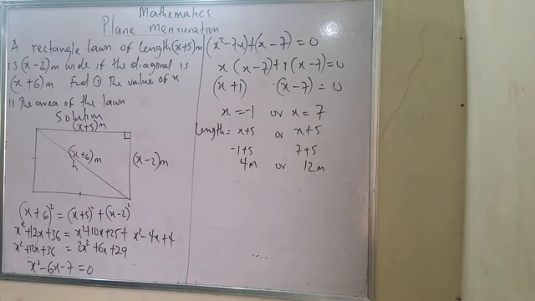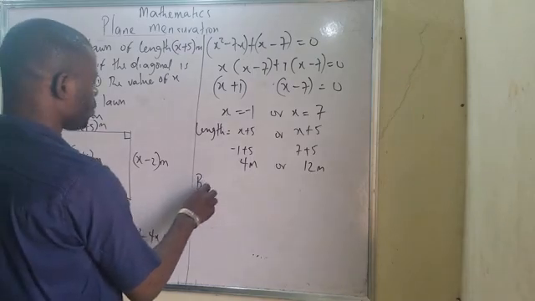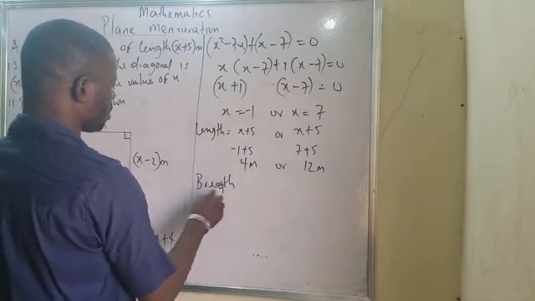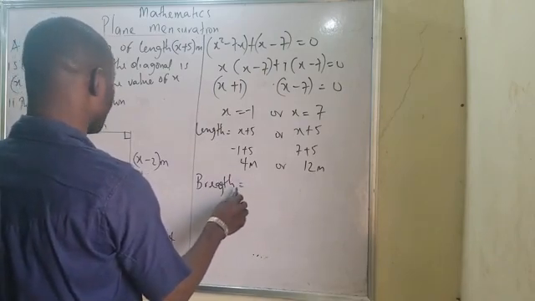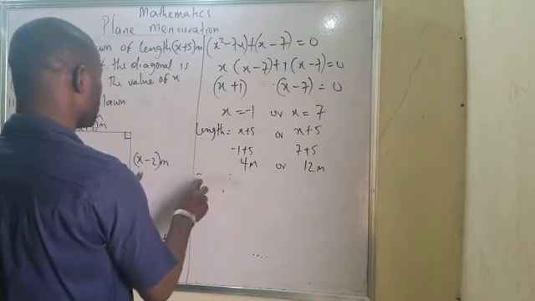Now I can do the same thing for breadth. I can do the same thing for breadth, which I have in terms of my breadth will be equals to what is my breadth, which is my width. Question asks for width.